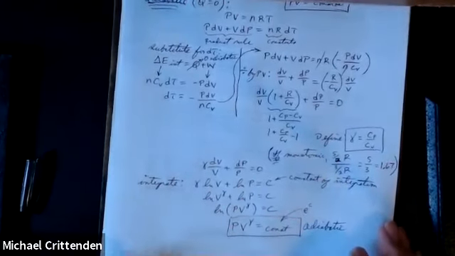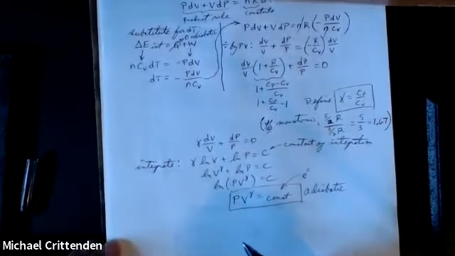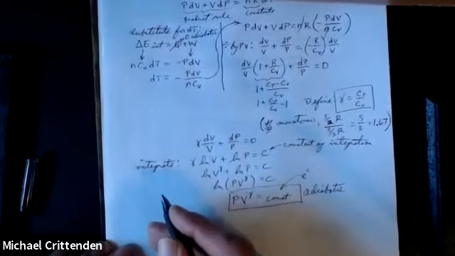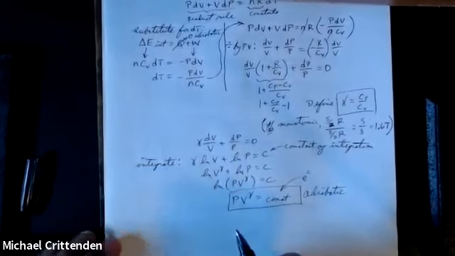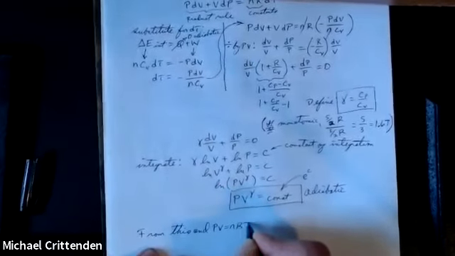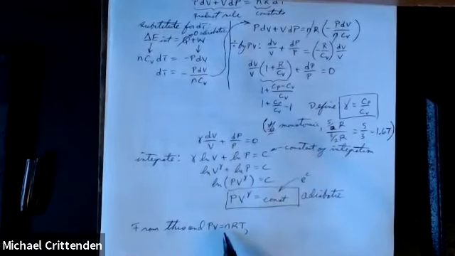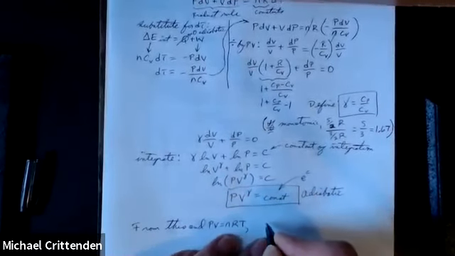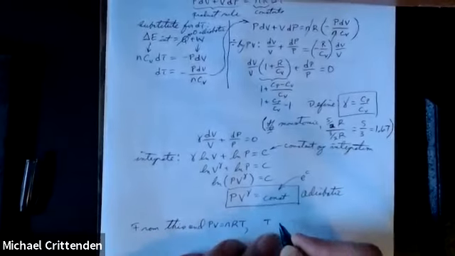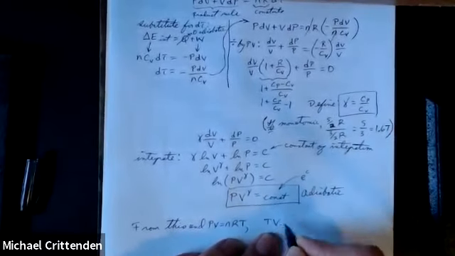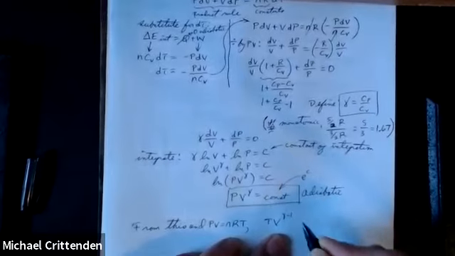Well, I think I've shown you enough details for one day, so I'm going to skip over a few more lines of justification and just jump straight to the thing with the box around it. From this, together with PV equals nRT, you substitute this into there, and you do a couple lines of algebra, and you can show that T, the absolute temperature, times V to the gamma minus 1 power equals a constant.